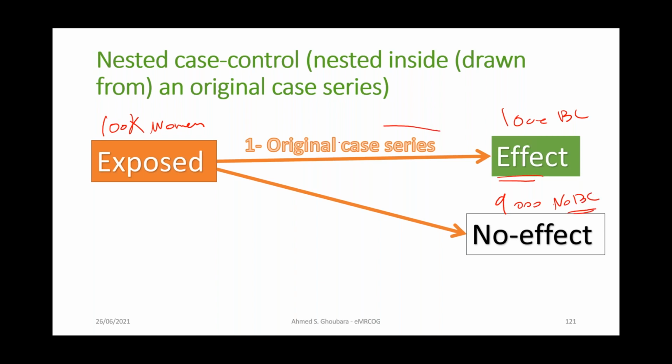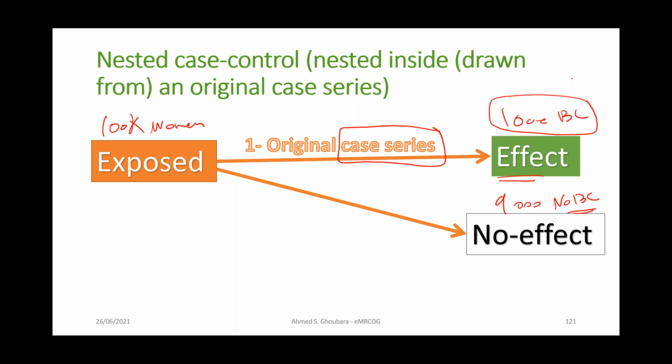In a case series study, you can't find the association, why those women developed cancer. In the original study design, it's impossible to know because there's no comparative group.